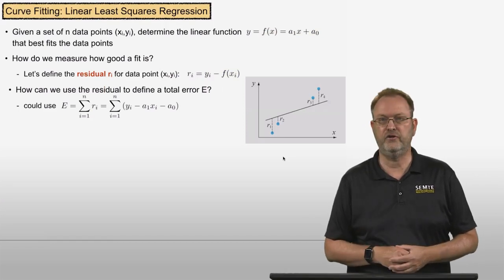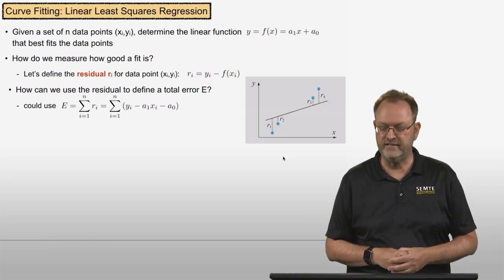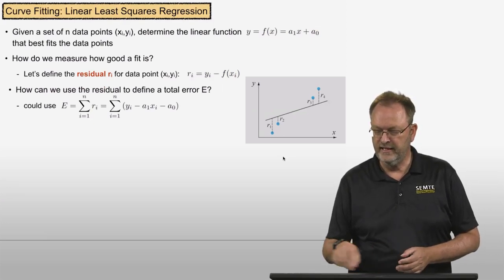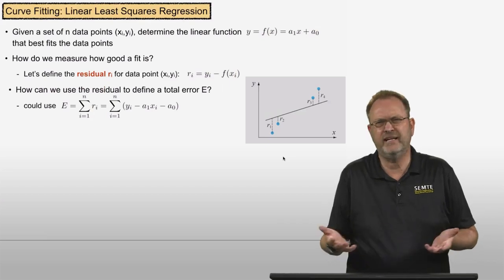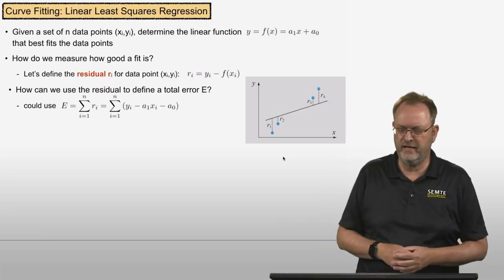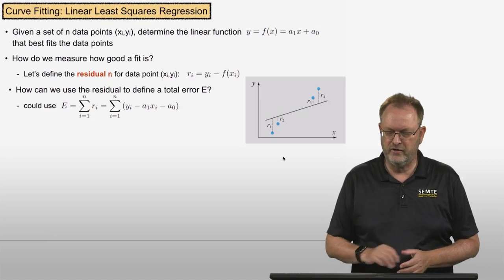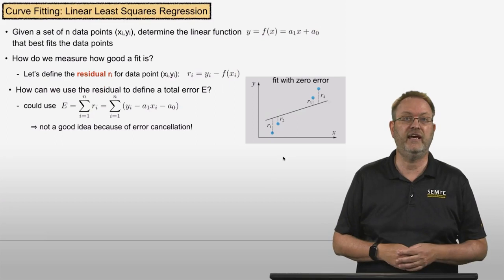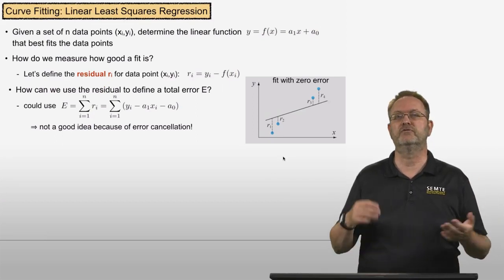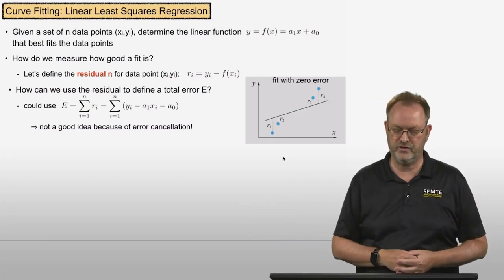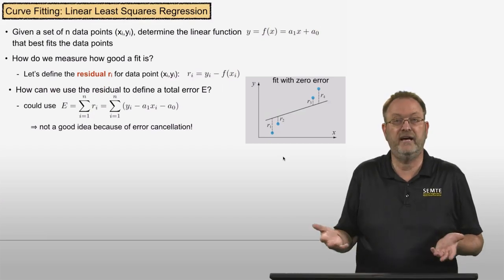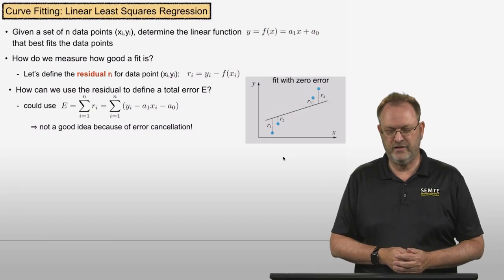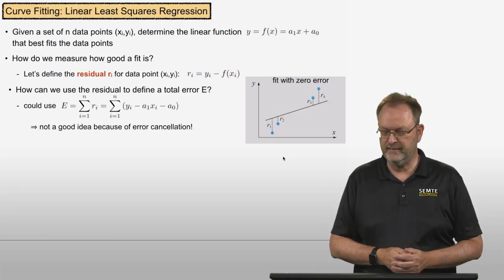That would be a scenario like this, for example, here on the right. If you look at this scenario, you'll realize that even this line that visually doesn't look like the best fit to the data would have an error of 0. Why? Because in this definition of the error, positive residuals will cancel negative values of the residual. So we would have error cancellation. So this type of definition for the error is not that great of an idea.